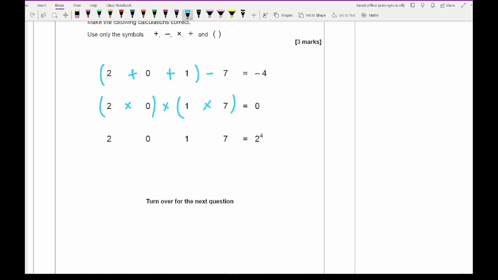And for the last one, plus 0, which is 2 to the power of 4 is 16, 2 times 8. And there's several different answers you could have, but that's one.